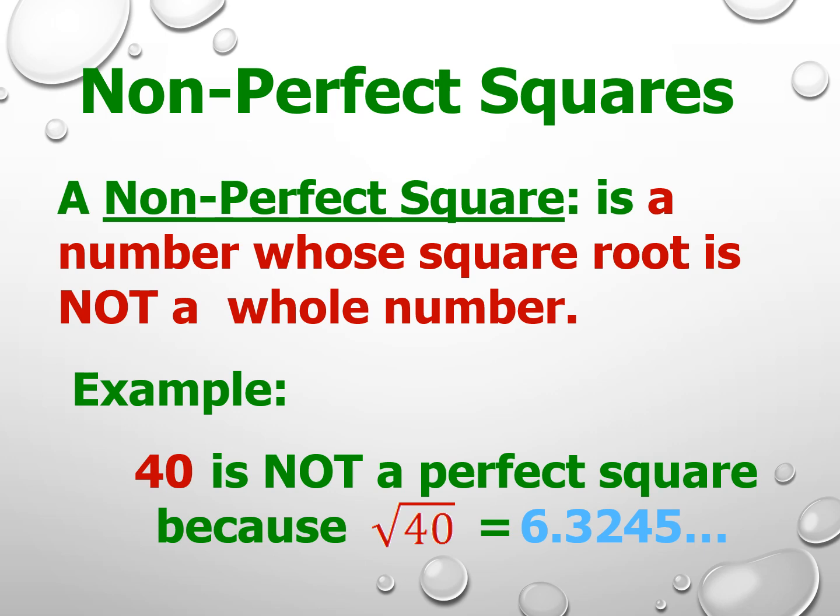So as you can see, the square root is not a whole number. So therefore, it is a non-perfect square. So any number, if you extract its square root and you find out that it is not a whole number, then it is a non-perfect square.